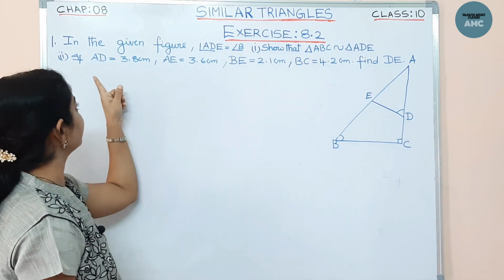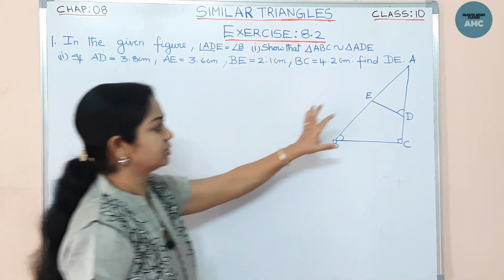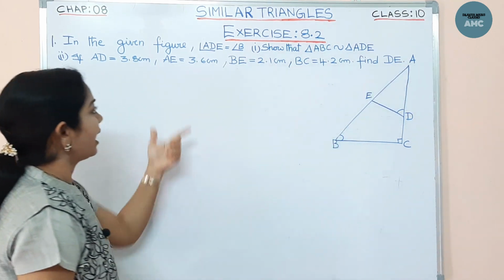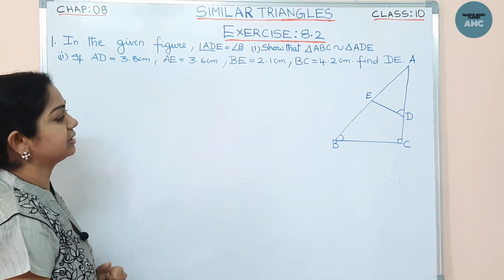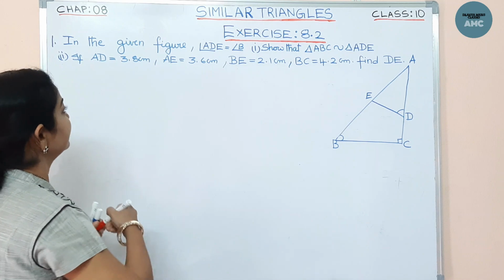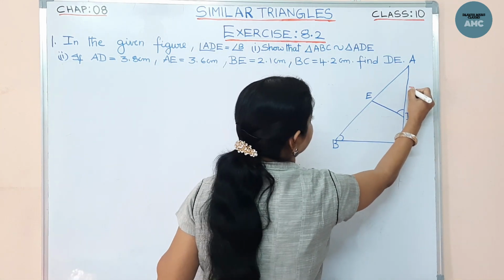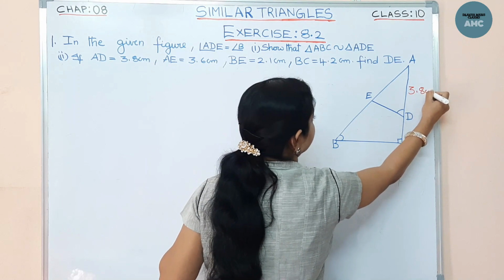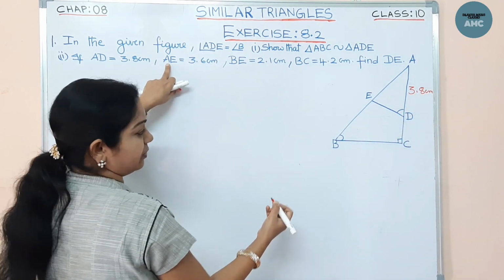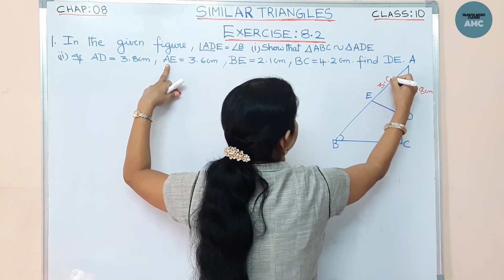The second part of this question is, AD value is given and BE value is given here. Now let me write down those values. AD value is 3.8 centimeters, given, and AE, this part, is 3.6 centimeters.